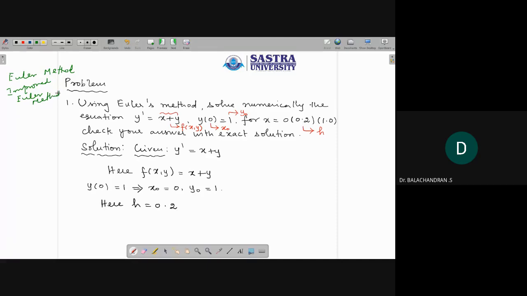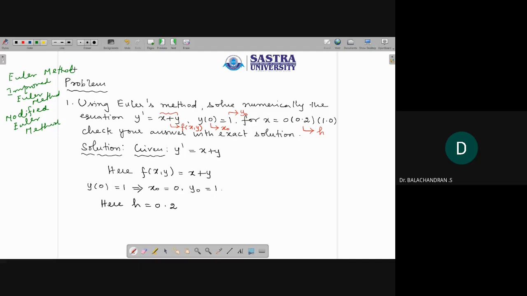And the third one is the modified Euler method. So there are three methods in Euler.